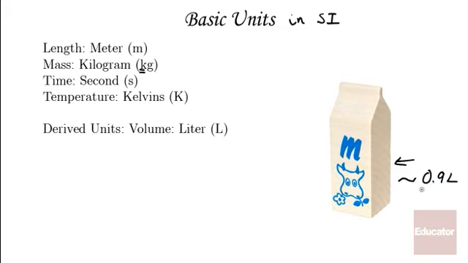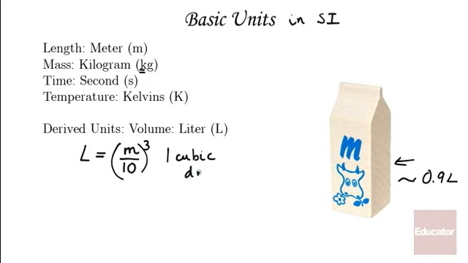Now, a liter can be defined very clearly in terms of these fundamental measurements that I've mentioned above. A liter, which is a unit of volume, is 1/10 of a meter cubed. Or, to put it another way, 1 cubic decimeter.